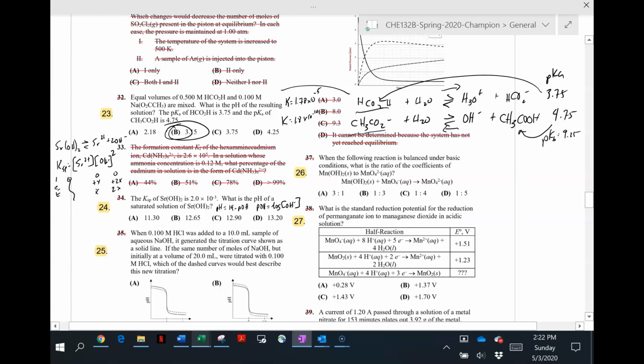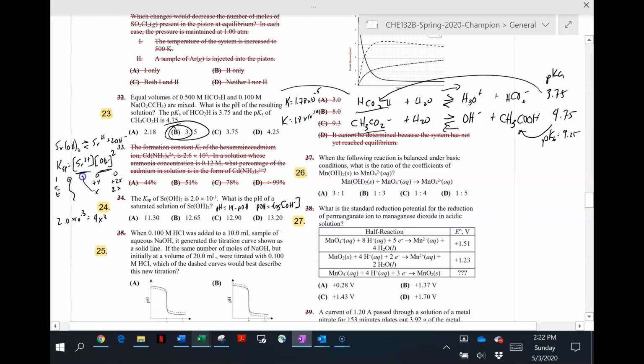So our Ksp expression is 2.0 times 10 to the negative third is going to be equal to 4X cubed. That's X times the quantity 2X squared, since the Ksp expression has OH twice, right?